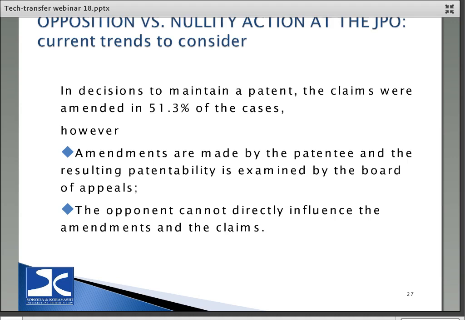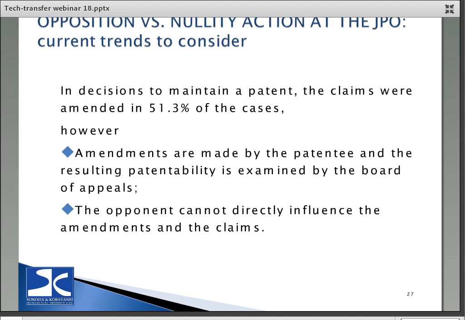And therefore, how to amend the claims is totally in the hands of the JPO and the patentee. The opponent cannot control the amendments other than the first blow, or once the amendment is made, the opponent can file one opinion against the amendments. But that's all about the contribution of the opponent. Therefore, the opponent cannot directly influence or control the amendments of the claims.